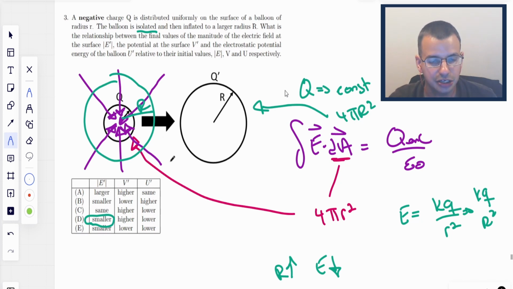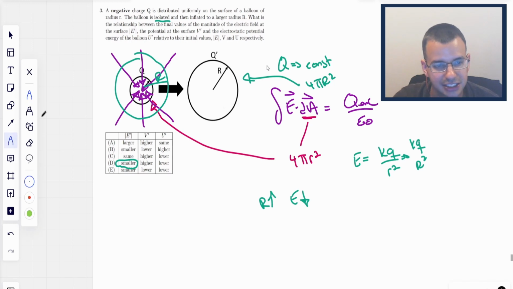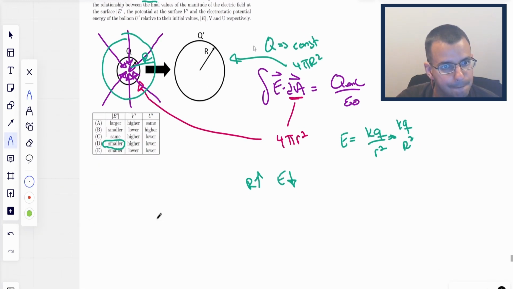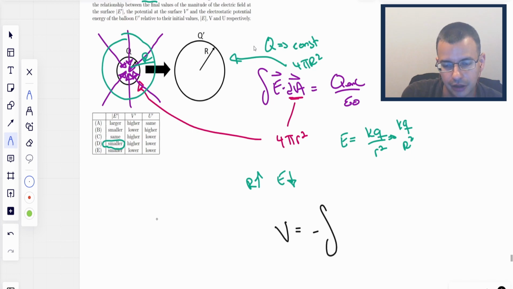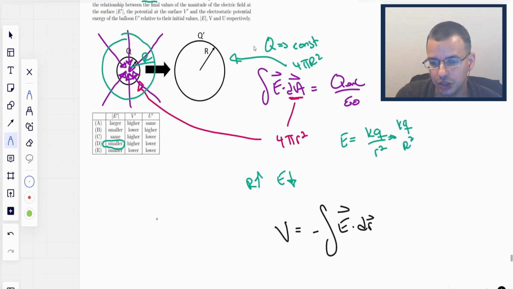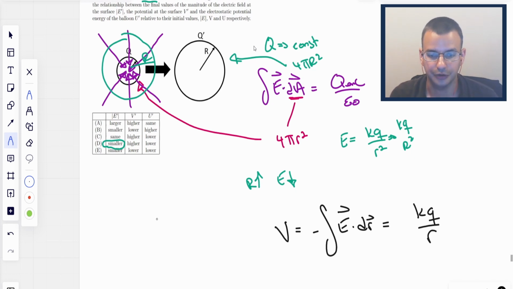So now we want to look at potential. So potential, we can look at that in the same way. There are different ways of defining voltage. What I'm going to use is V equals negative integral of E dot dr. When we do that integral using KQ over R squared, we get KQ over R is the voltage.